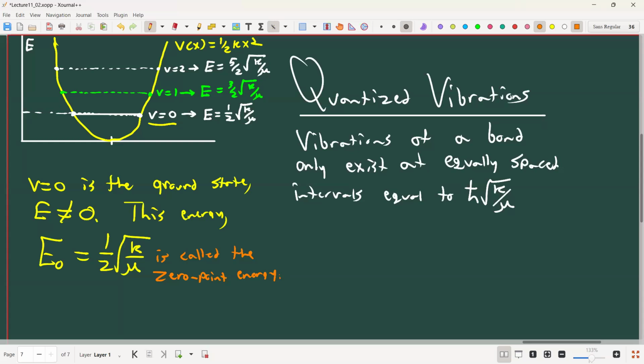Never get rid of that. It's always there. Every bond has some stored zero point energy in it, equal to 1/2 h bar times the square root of k over mu for that bond. Never get rid of it. So therefore, 0 Kelvin is impossible to reach because you can never remove this energy.